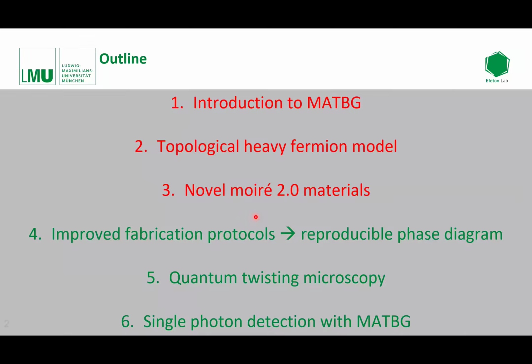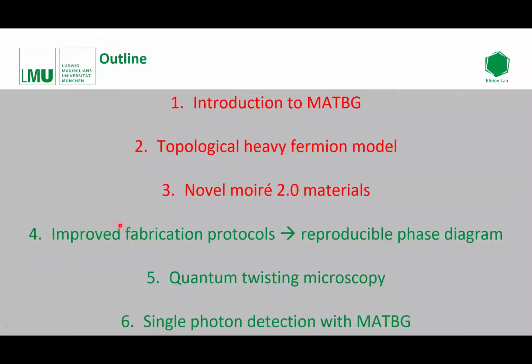I will then also talk about the topological heavy fermion model, which is gaining popularity in describing all the different phenomena that we observe in the system, including insulating but also itinerant electron phases. And I will also give a little bit of an outlook on expanding these concepts to novel types of materials. I consider this a broader introduction to the field.